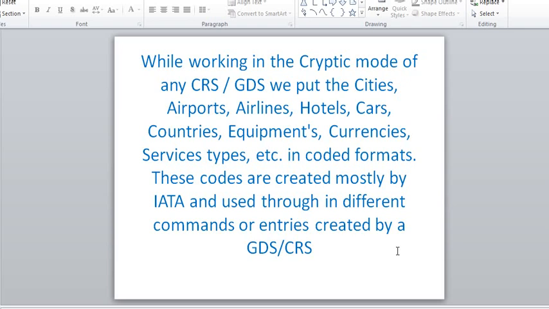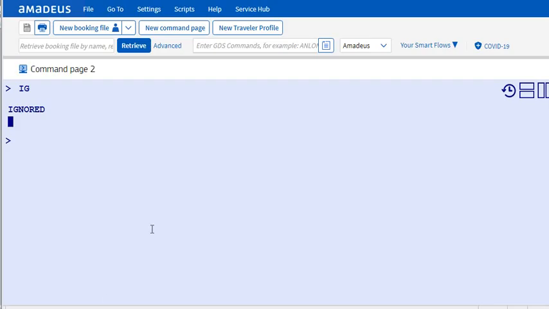Let us go straight away to the Amadeus application, and we are learning today how to encode and decode airports, cities, airlines, aircraft, cars, hotels, etc. The entry is DAN. DAN means it's coding the name of a city or an airport. Let me take the example Delhi.